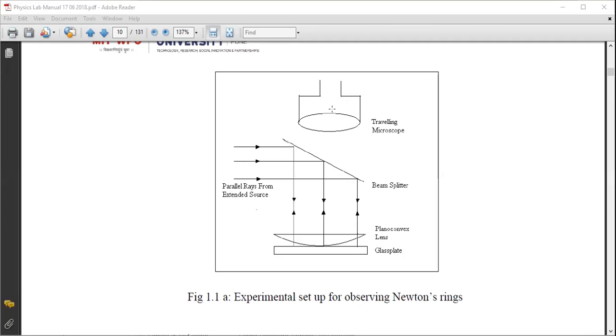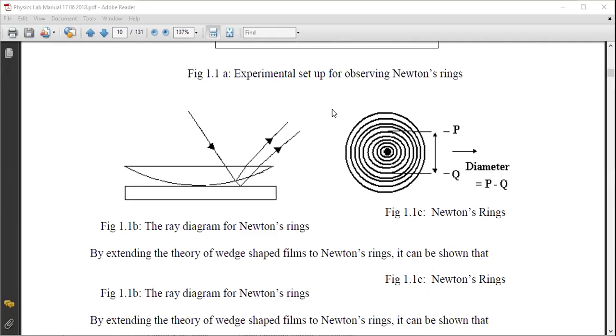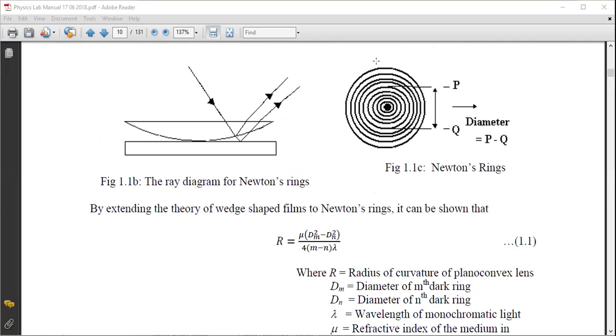So what you do is place the cross wire across a few rings, and then you measure the diameter of the different rings. You go to, say, a point P, fix the cross wire there, and take the readings. As we look in the microscope, we can measure the starting point on the scale.